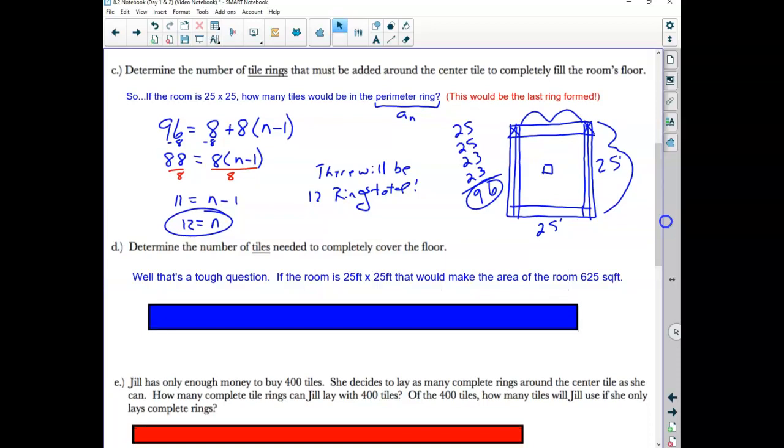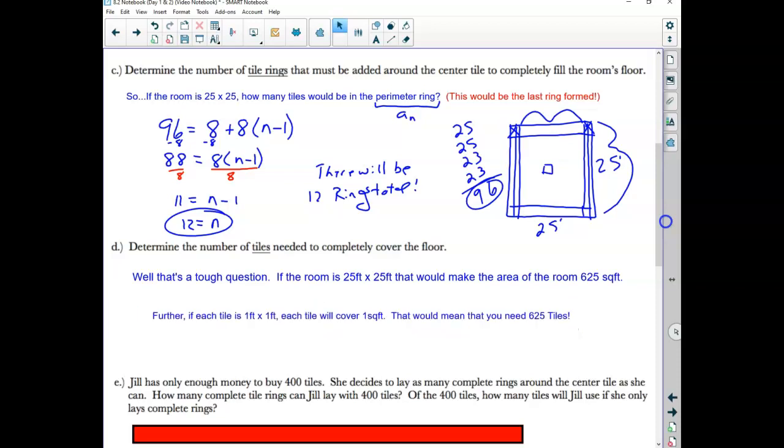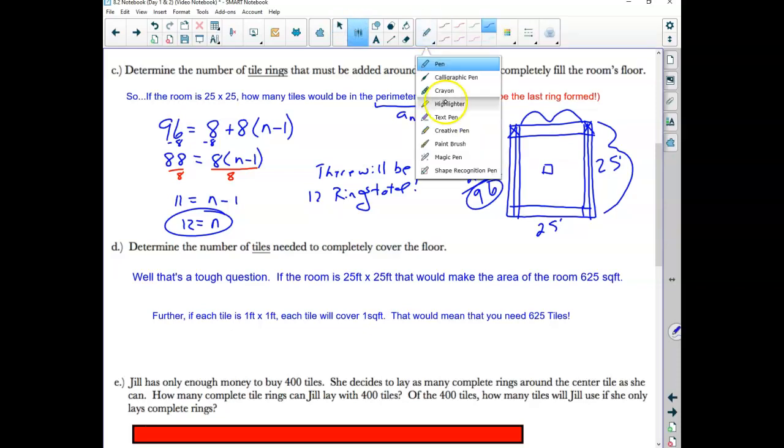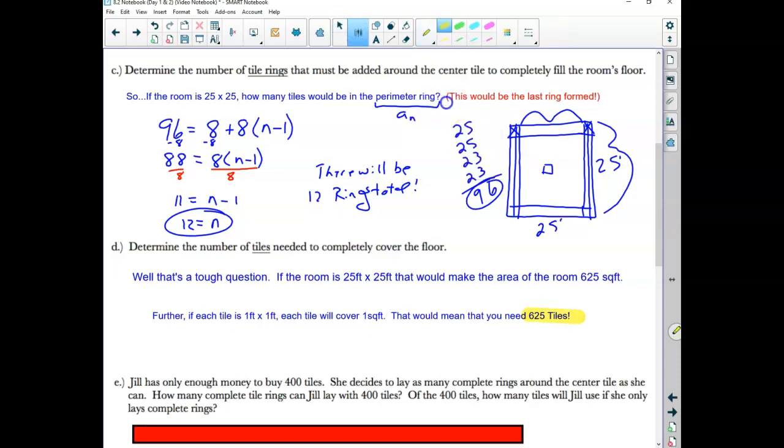Not really. It's pretty simple. The room is 25 feet by 25 feet. That would make the area of the room 625 square feet. Well, think about this. How much does each tile cover? Well, if each tile is a foot by a foot, each tile will cover 1 square foot. That means you would need 625 tiles to cover the entire floor. You have to have 625.